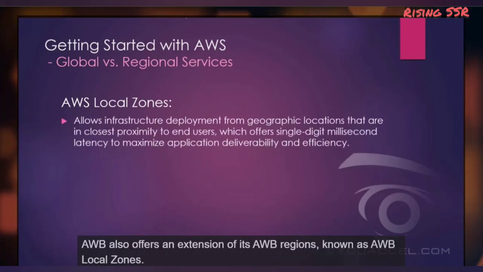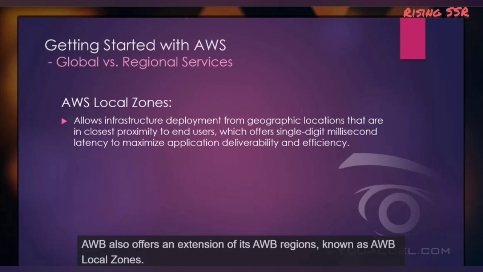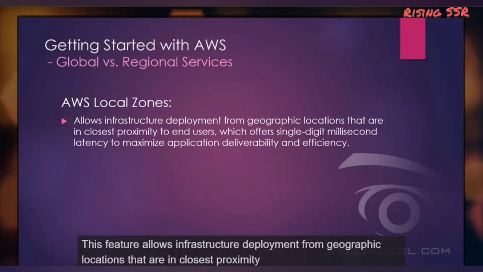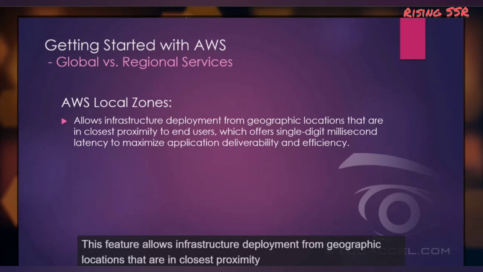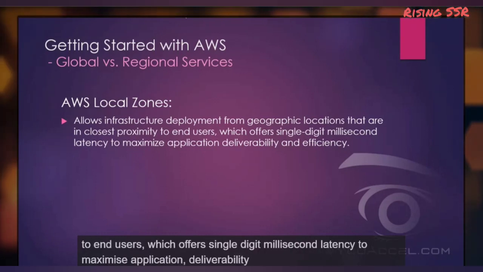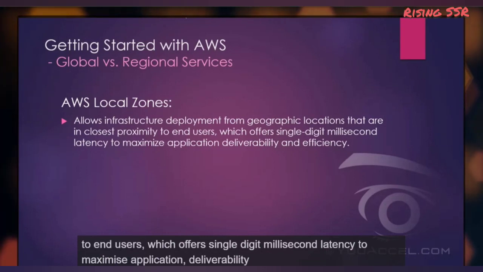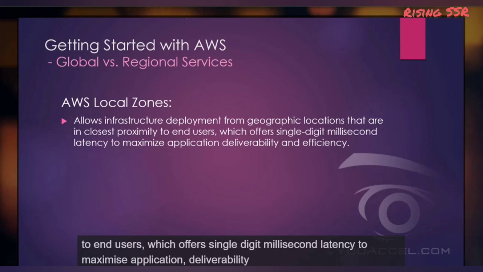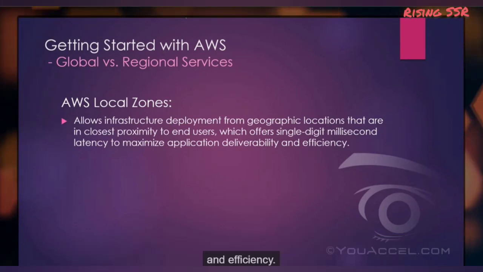AWS also offers an extension of its AWS regions, known as AWS local zones. This feature allows infrastructure deployment from geographic locations that are in closest proximity to end users, which offers single-digit millisecond latency to maximize application deliverability and efficiency.